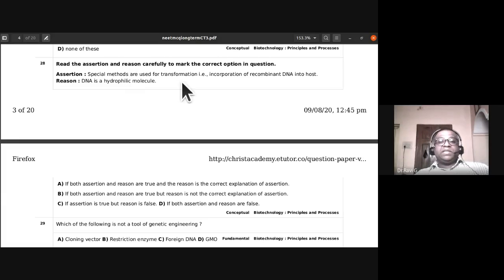See, special methods are used for transformation, that is incorporation of recombinant DNA into the host. So special methods are used, like it might be biolistic gun. Both the statements are correct, but reason is not the explanation of assertion. DNA is a hydrophilic molecule, so that also is a right option, isn't it? So what is the answer for it?